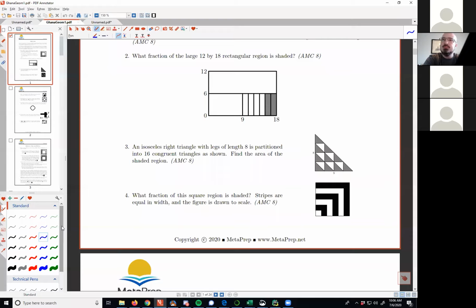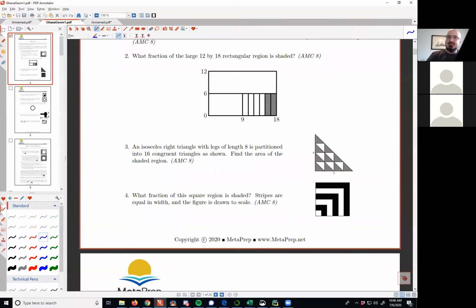And how do we do that? They divided part of it into different bars from 9 to 18. So we can see that they are equal, so that each bar is 1.5. Okay, so we can find the area of each bar.